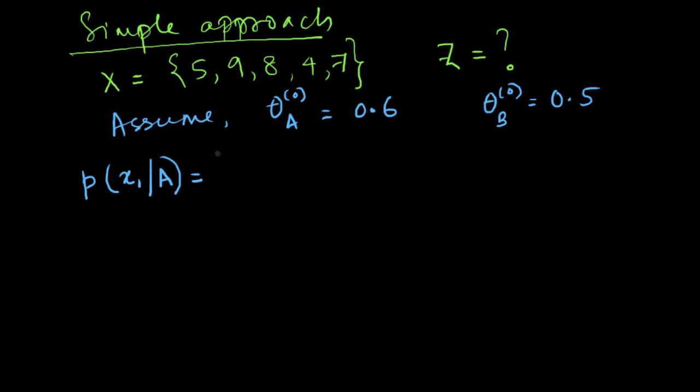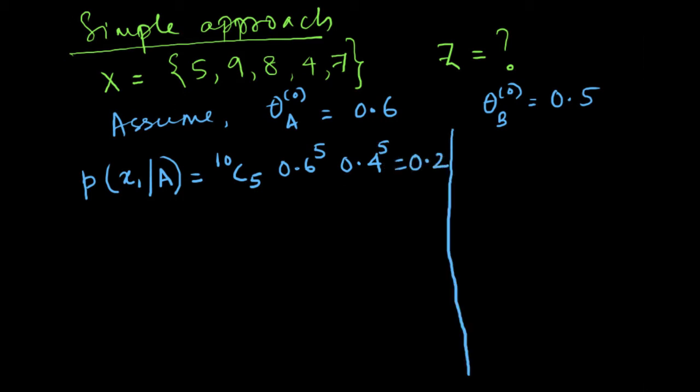So this probability is 10C5, and now because we are assuming that the coin was A, this is 0.6 to the power 5 multiplied by 0.4 to the power 5, which is equal to 0.2. Similarly, you can do this same calculation assuming that the coin chosen was B. So P of x1 given B, using a similar formula, will come out to be 0.25.